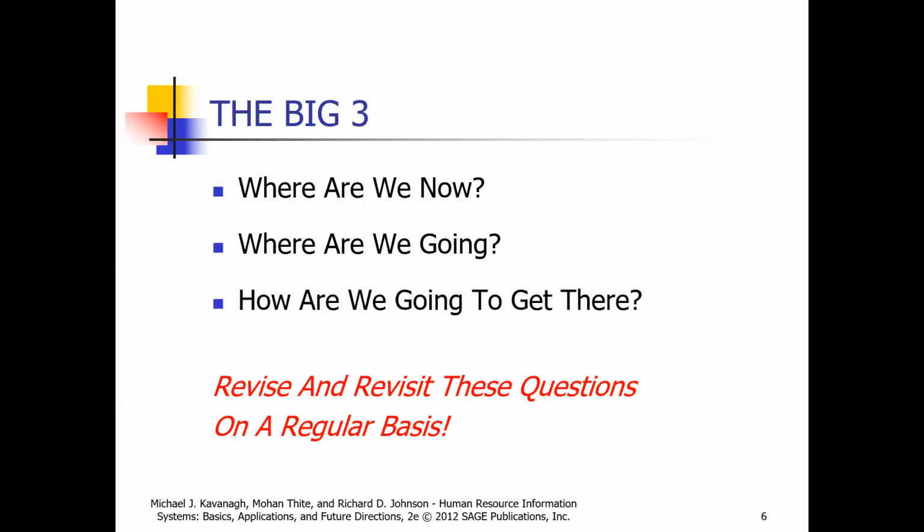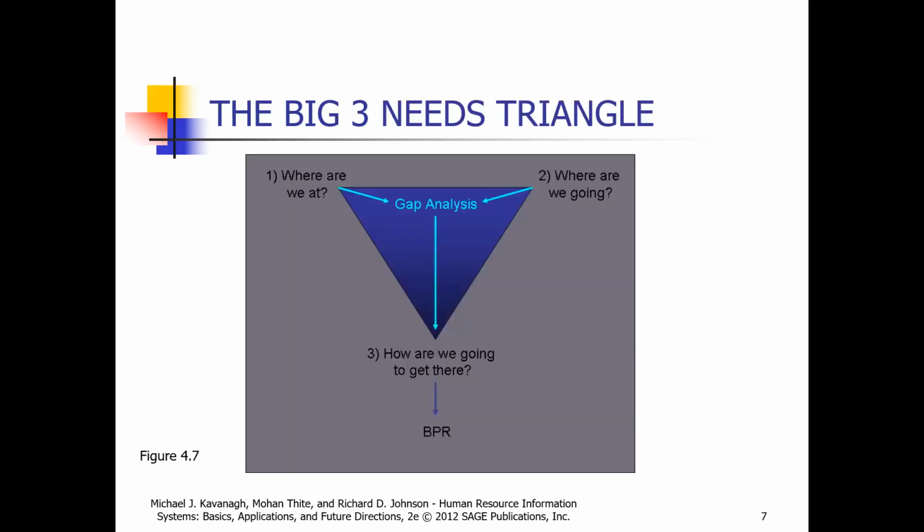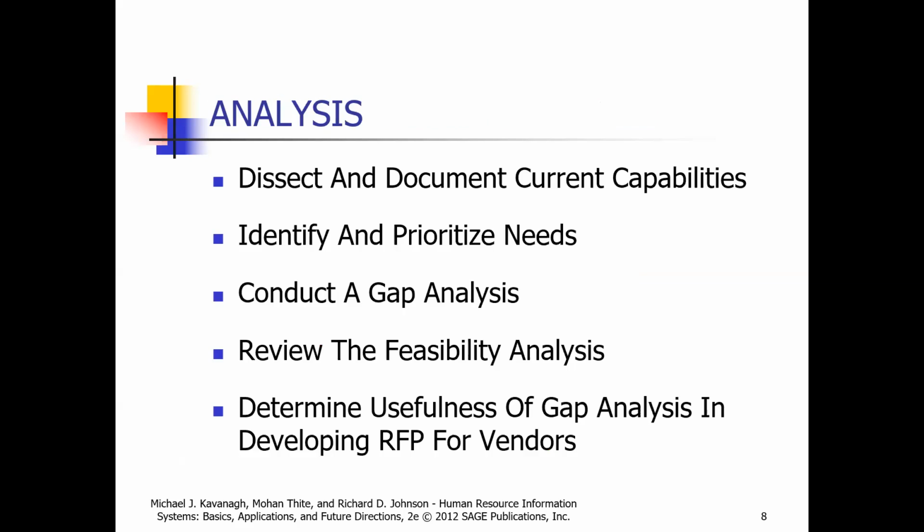These questions need to be revisited and revised so that the implementation of the software development gets a better position. And the big three needs, a triangle, is represented here in a presentation.